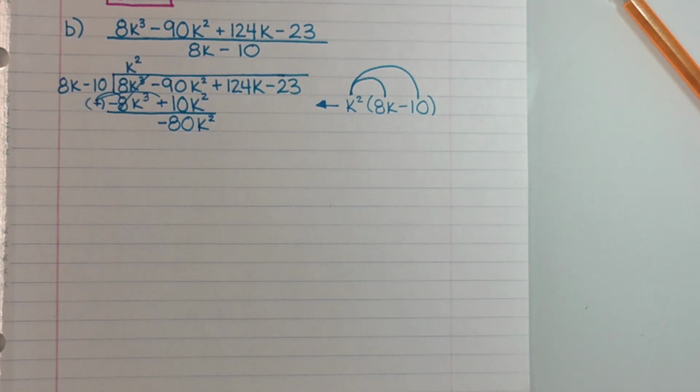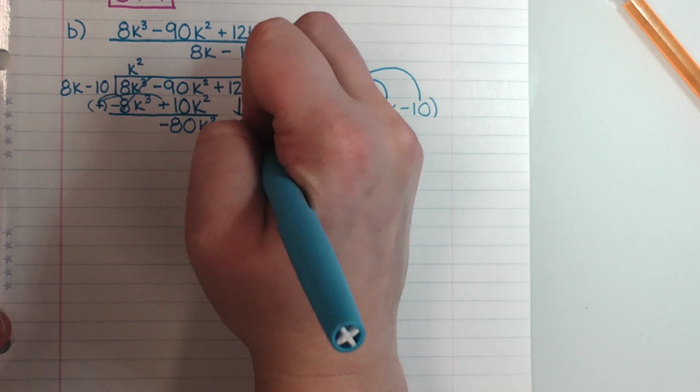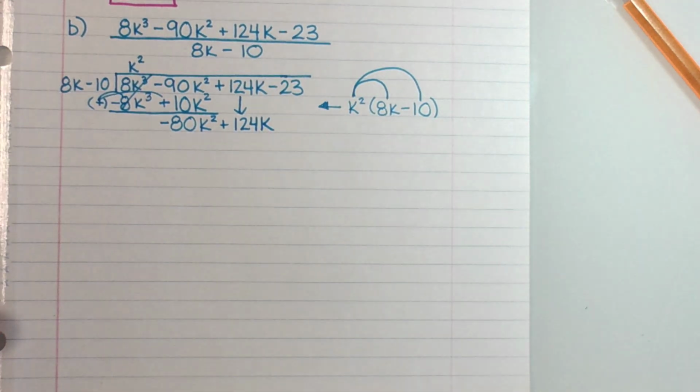Determine what multiplies, multiply it, subtract, and then, before we repeat ourselves, what's the last thing I got to do? Pull down the next term. Plus 124k gets pulled down. And repeat. What do you multiply by 8k to get negative 80k squared?